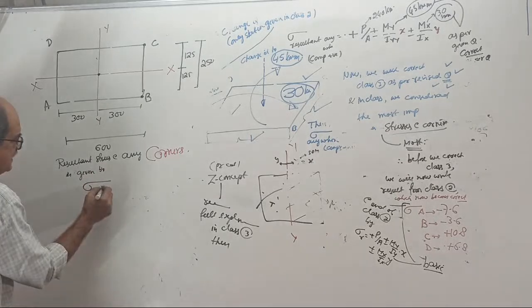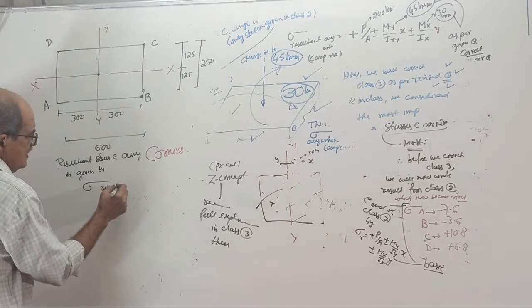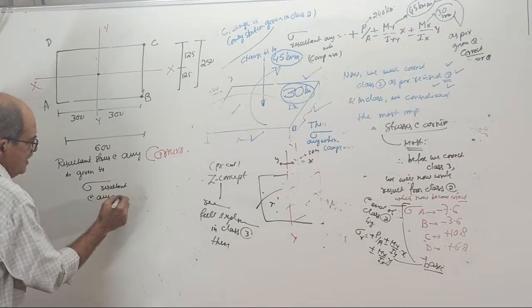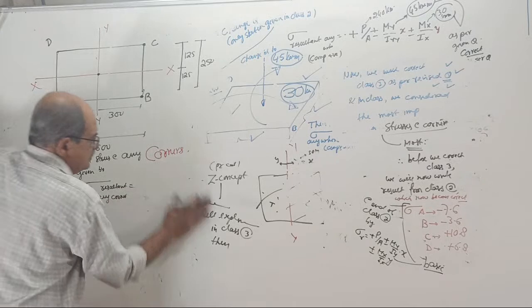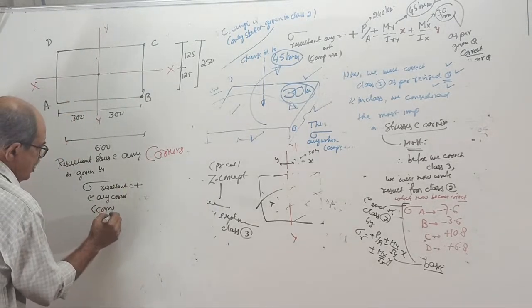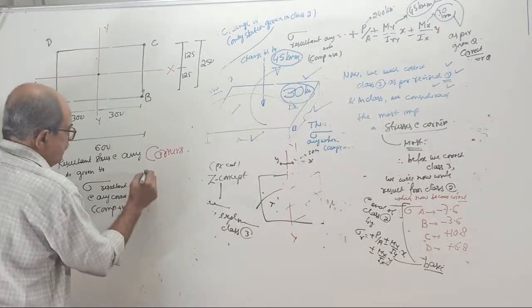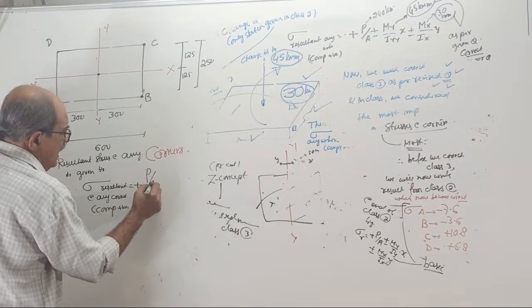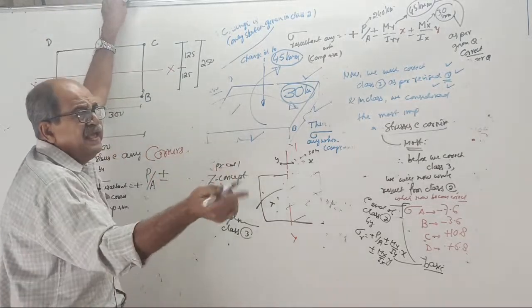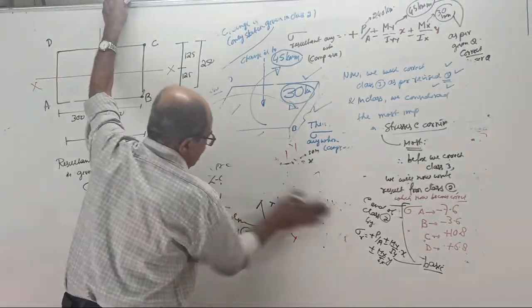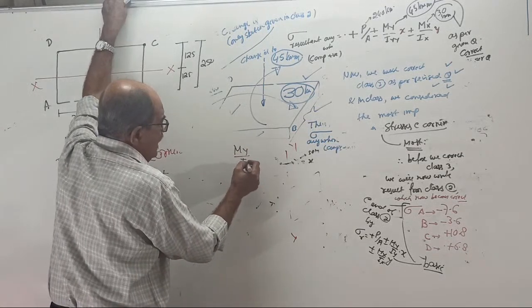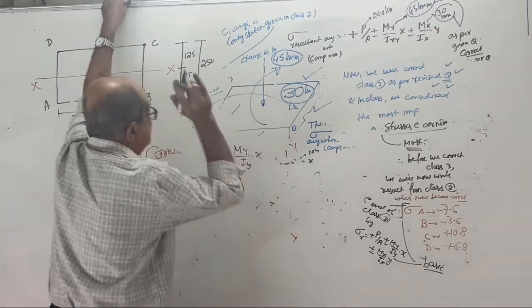sigma resultant at any corner equals, with compression positive, P by A plus or minus, as I explained, My divided by Iy into x.